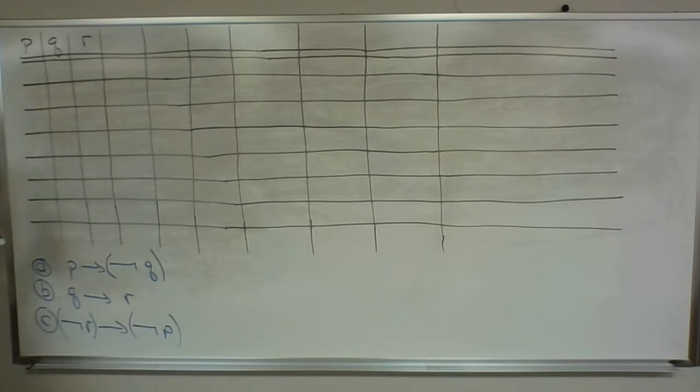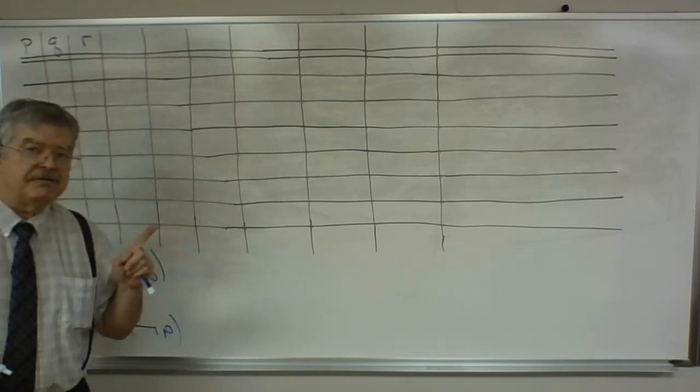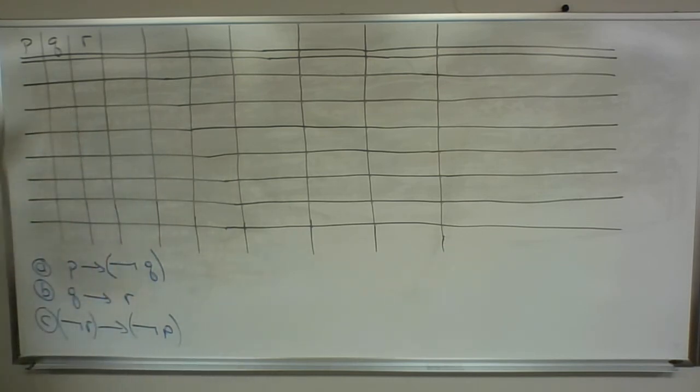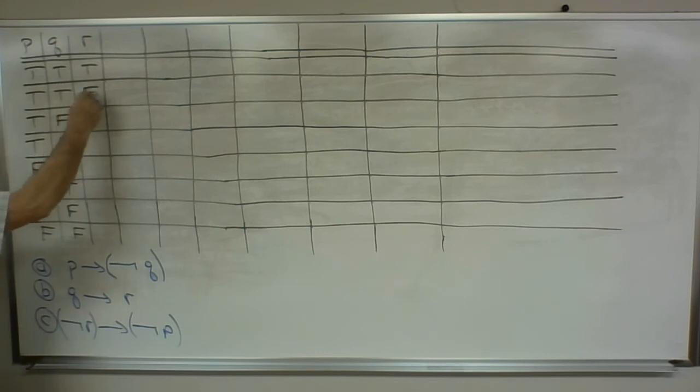So how do we fill this truth table out? Since we have 8 combinations, on the very outside we do 4 truths, 4 falses. In the middle we do true, true, false, false. And then all over again we do true, true, false, false. And on the inside we alternate true and false.